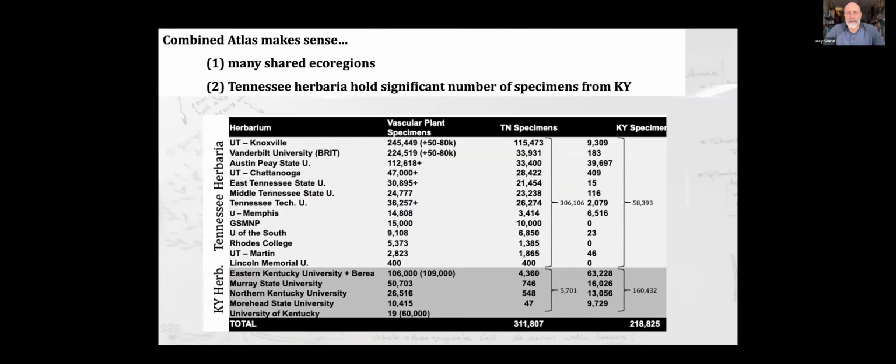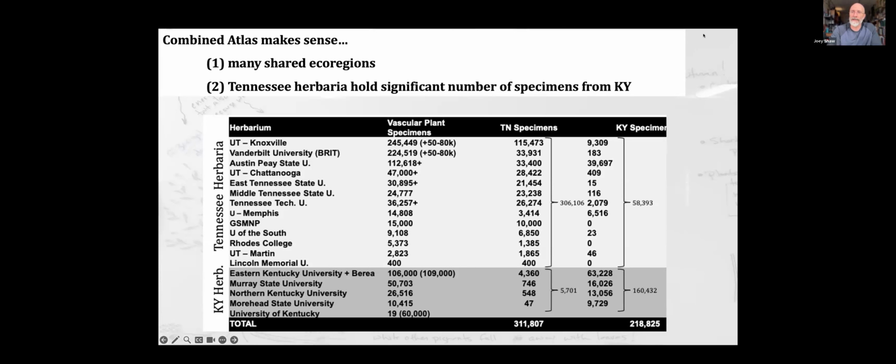The column next to that, Tennessee specimens, is how many of those were from the political boundary of Tennessee. You can see, for example, that in Tennessee herbaria there are 306,000 specimens. In Kentucky herbaria, there are 5,701 specimens of Tennessee collected plants, right?